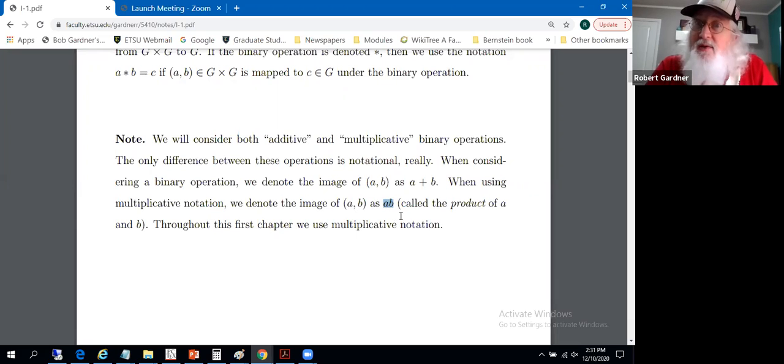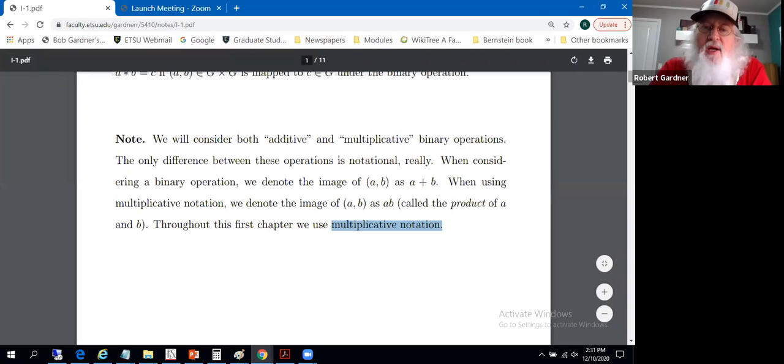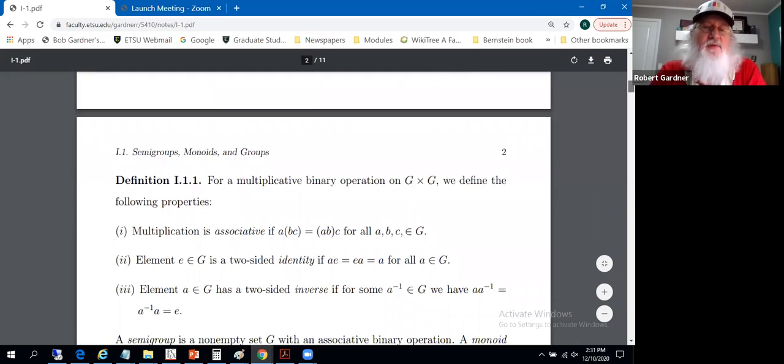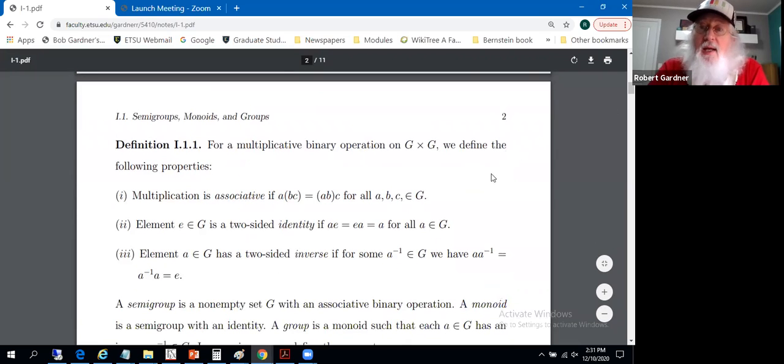In fact, throughout this first chapter, we'll stick with a multiplicative notation, which is not entirely true. Some of the examples we'll see will be additive examples, and some of the exercises in the book will involve additive examples, in which case we'll slip over into the additive notation. But largely the material in the section is written up in terms of multiplicative notation, as we're using in Definition 1.1.1.